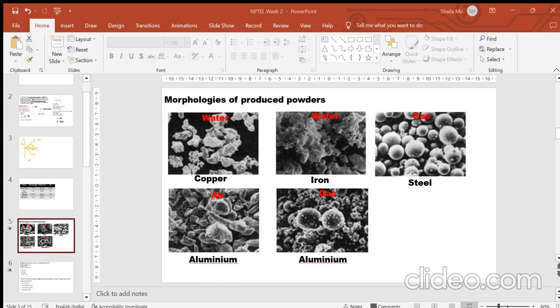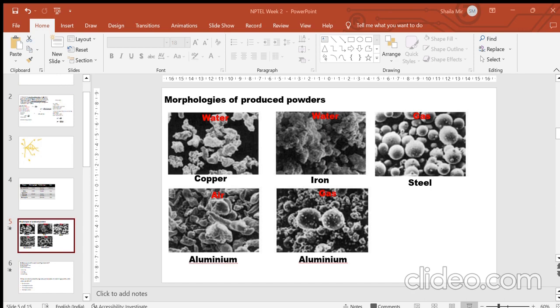But if the velocity is very slow, the cooling rates will be slow, resulting in the formation of coarser particles. So high velocities result in finer particles, and low velocity results in coarser particles in water atomization. So we can optimize the particle size in water atomization based on the velocity, while the nozzle to metal distance does not have any significant influence on the particle size.